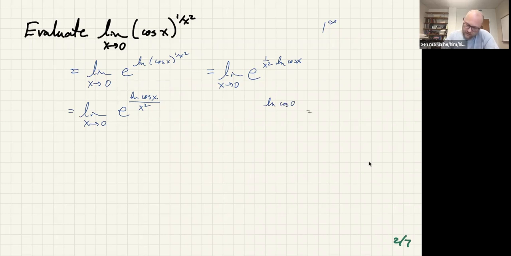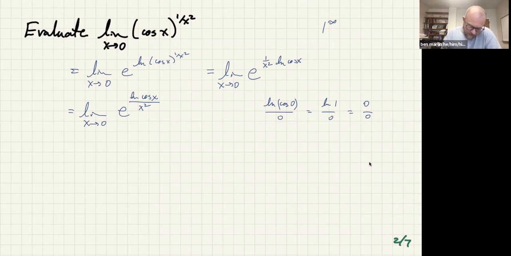So we've got a log of 1, and we've got then a 0. On the bottom, we've got something that is going to 0 the whole time. So we can see we've got a 0 over 0 case, right? Now, bear in mind, this is just a little scratch notes out to the side for us to figure that out. We're not actually saying it's equal to those numbers, because those are not numbers. Those are just kind of ideas.